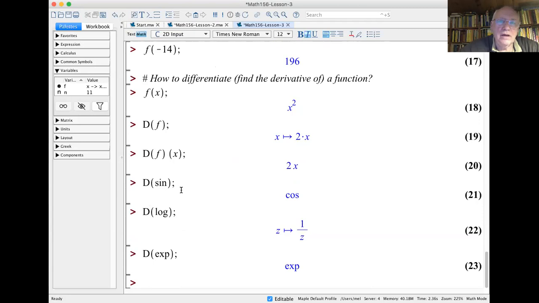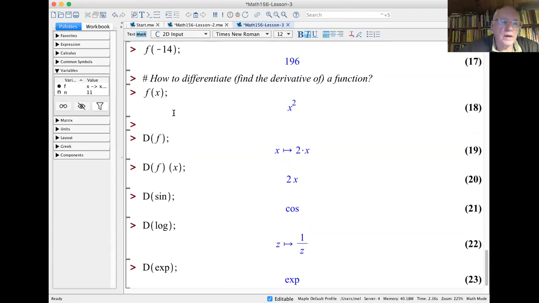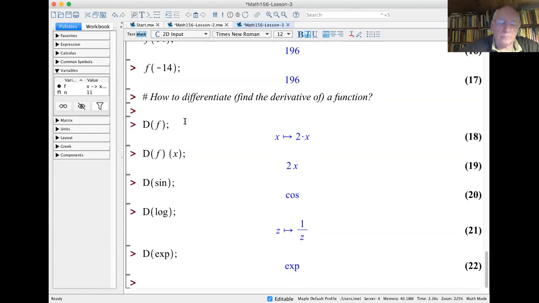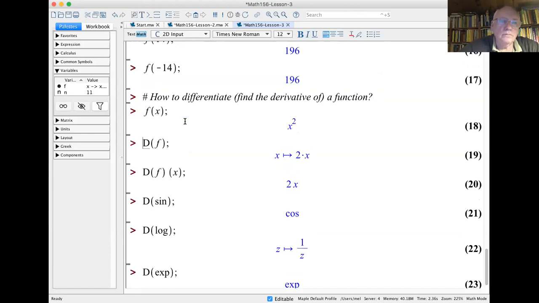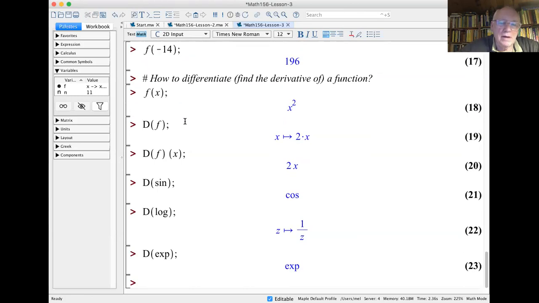If I were to write this as, so that is the derivative.